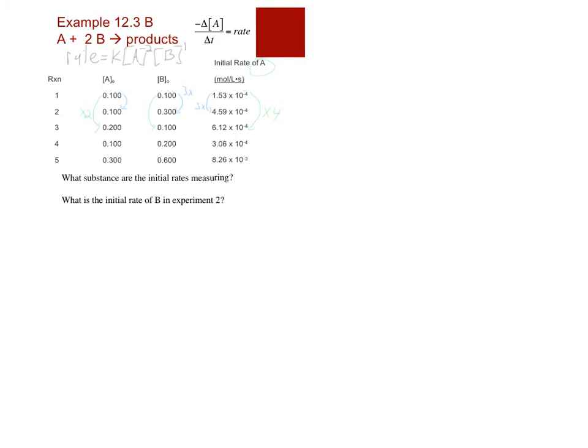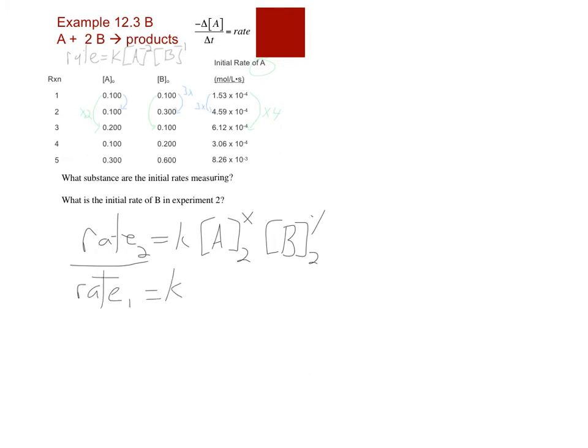So generically we said, if we just did trials 1 and 2 again for B, I could say the rate of, we're looking at trials 1 and 2 again. I'll take 2 over 1 because that's the bigger one. The rate of trial 2 is K, A to the X of trial 2, B to the Y of trial 2, over the rate of trial 1.